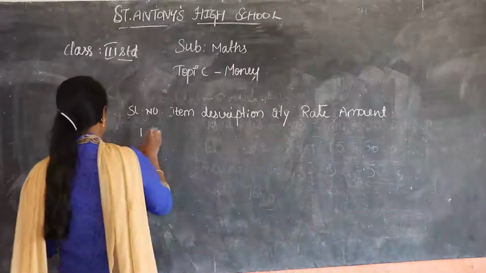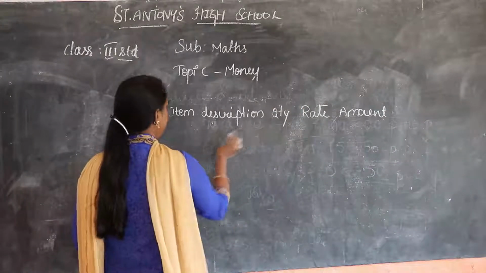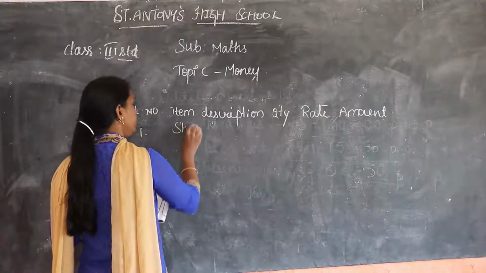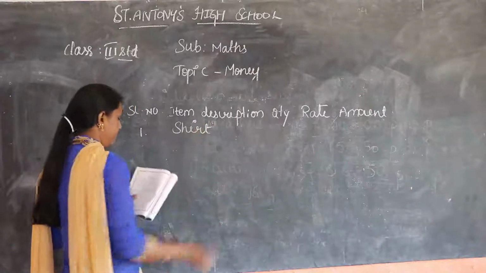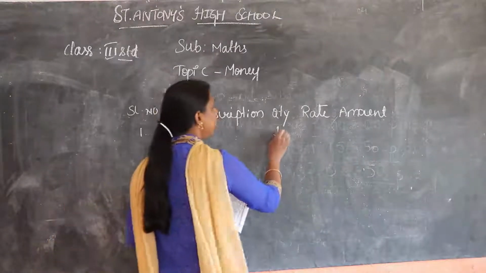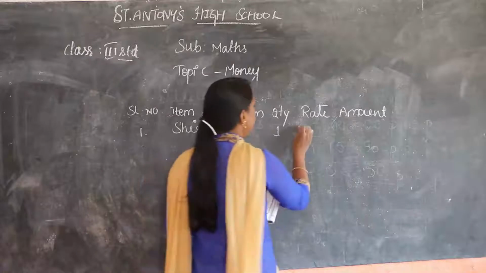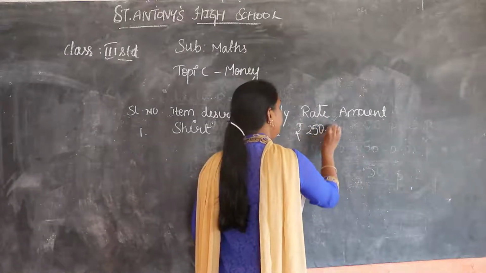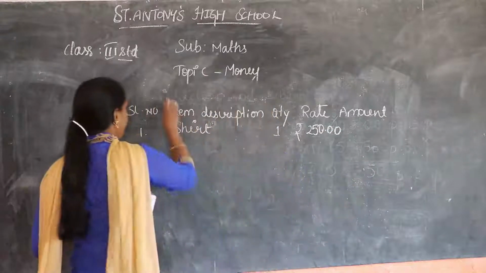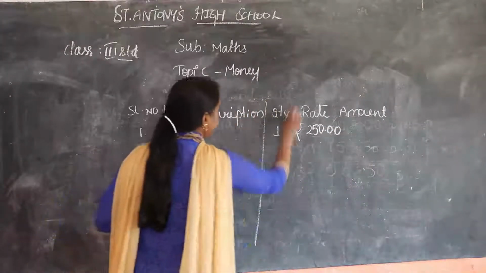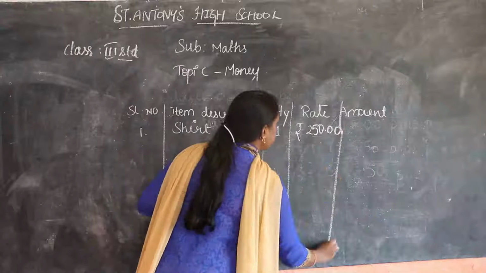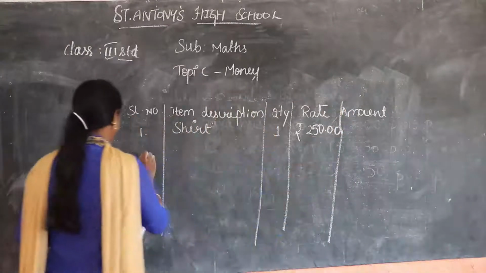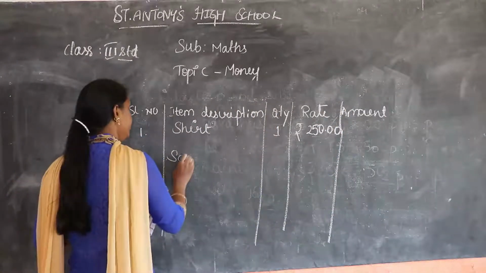Okay. First one, the item description name is shirt. Rajendra purchases only one shirt. The cost of one shirt is rupees 250. Okay. Second one, sari.